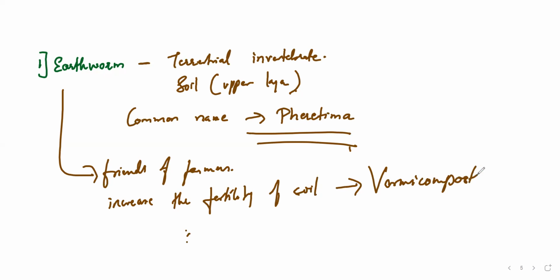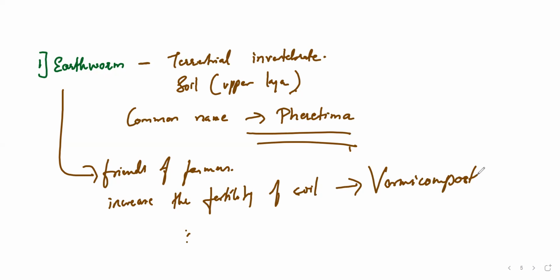If you make a layer of soil with organic matter, that is vegetables and all those things, plus you add earthworms in it, after a few days you will get manure or vermicompost, which you can use for the plants so that they can grow nicely. That's why they are called friends of farmers. So this is the small information about earthworm.